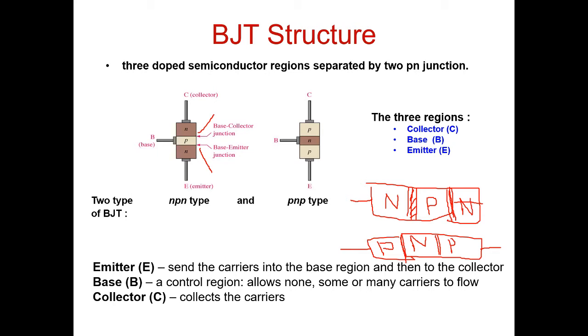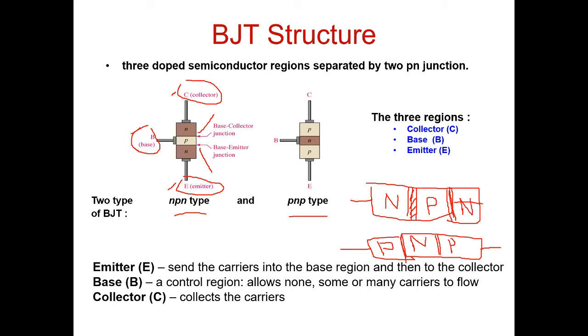Okay, so if you can see here, the NPN type or PNP type, right, there will be three terminals, right? So the terminals are called collector, base, and also emitter, right? So if you have NPN, you will have collector, base, and also emitter.